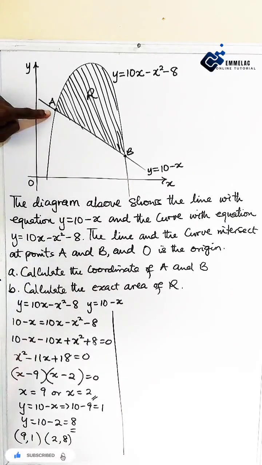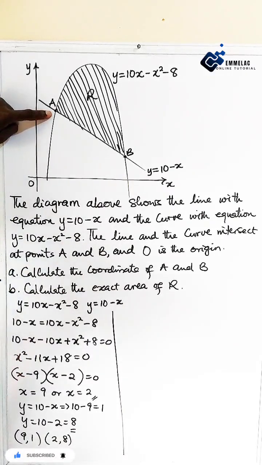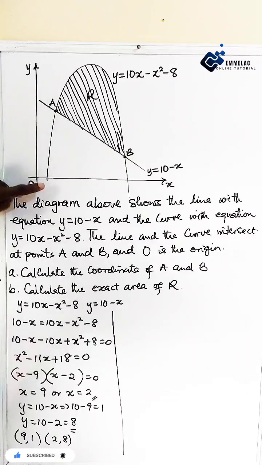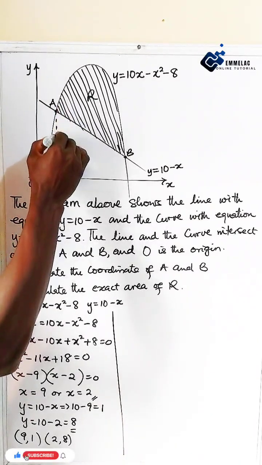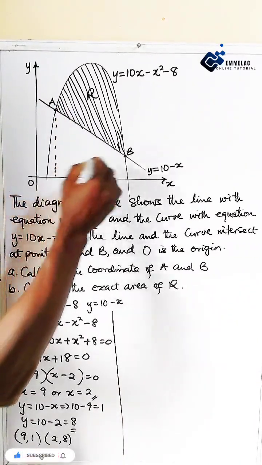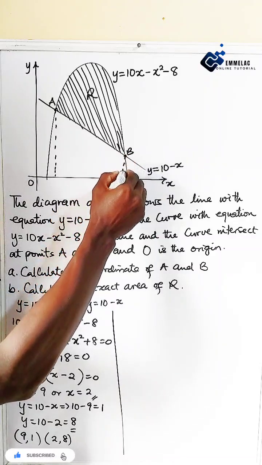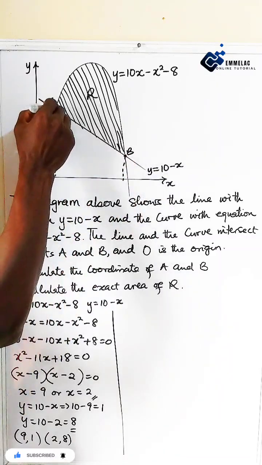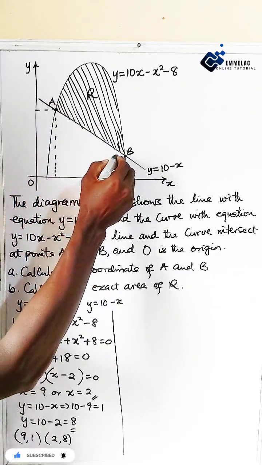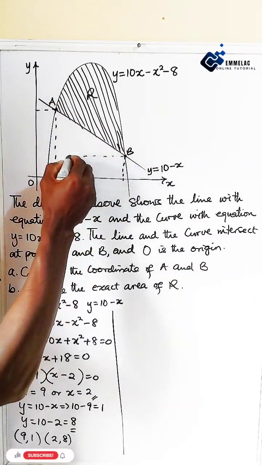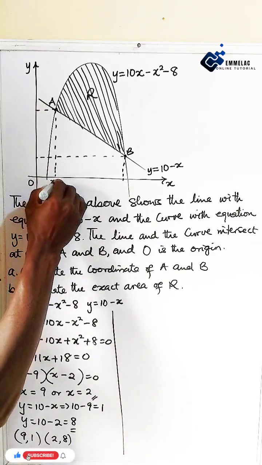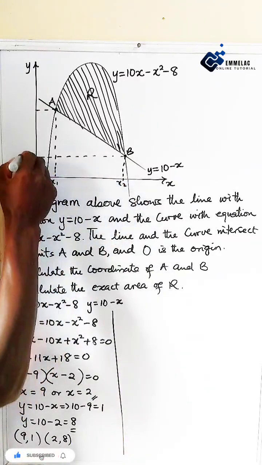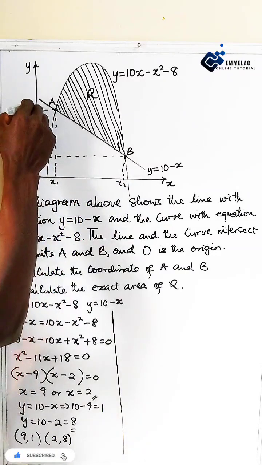If we take a look here, we'll see that the x of A should be a smaller one compared to the one here. If we draw this line down, and this line down also, let us say this is our x1, x2, y1, and y2.